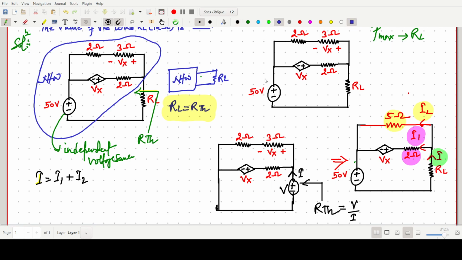One more thing that we have to do: this one is somehow grounded, and we can remove this one. It will be better to remove this one.